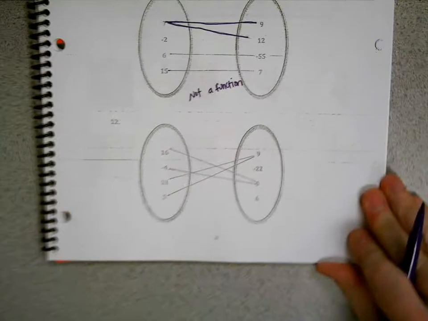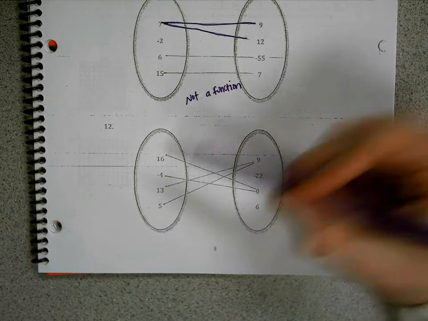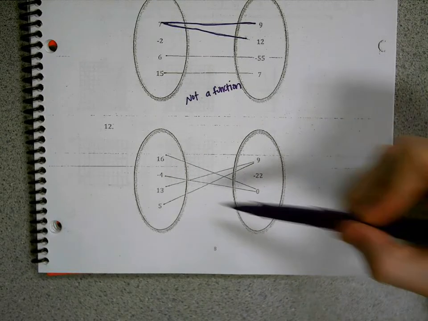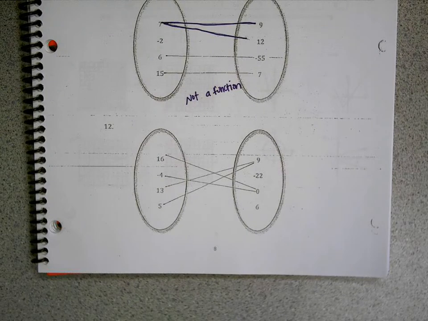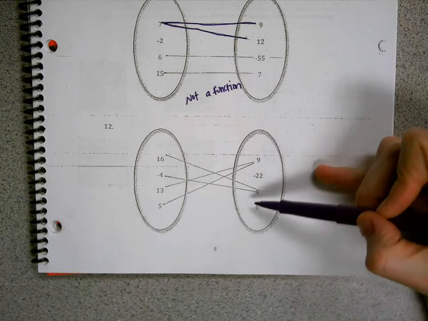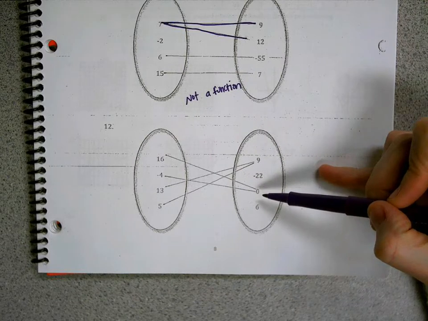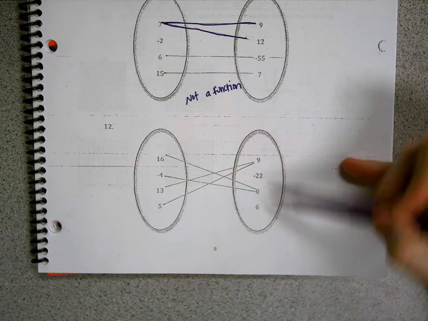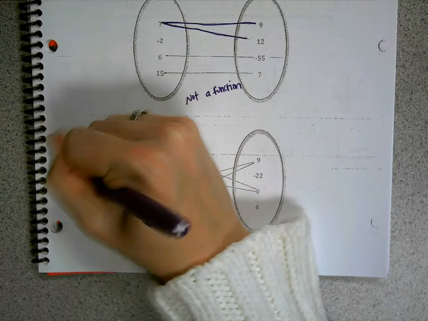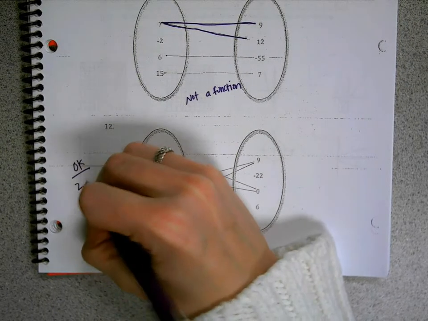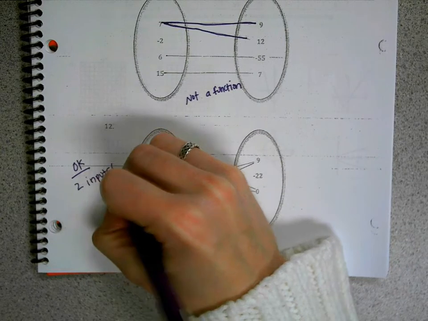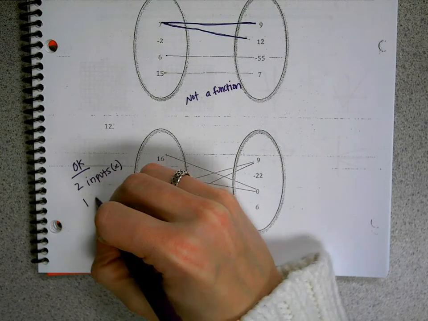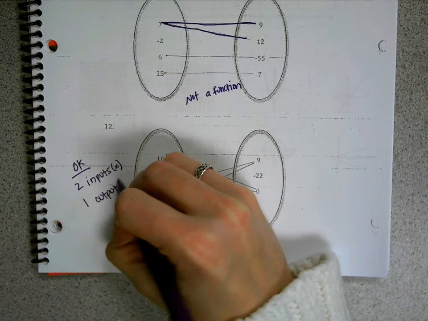And then on number 12, 16 goes with 0, and -4 goes with 0. That's just one input and one output. Even though we have some repeats over here on the y side, that is okay because it's okay to have two inputs, or two x values, and one y value.